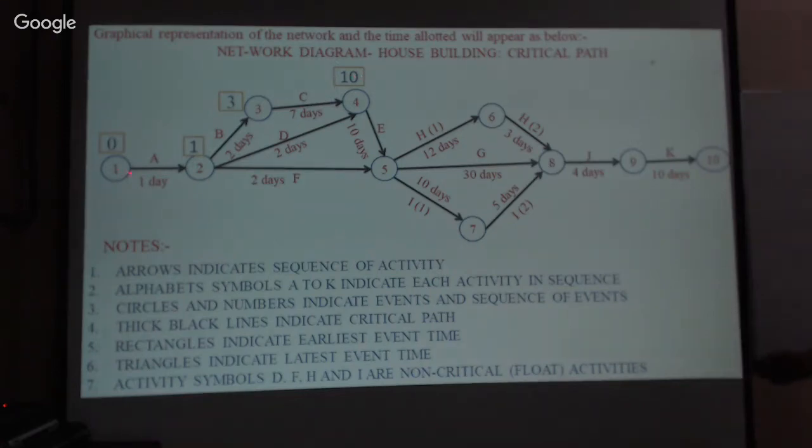Now the time along this path, if you go 1 plus 2 plus 7, is equal to 10. 1 plus 2 is equal to 3. Therefore, what is the maximum time available? 10 days available to reach this point. Isn't that? Therefore, you will get some extra time to do this activity. Now, when you reach this, it requires 1 day.